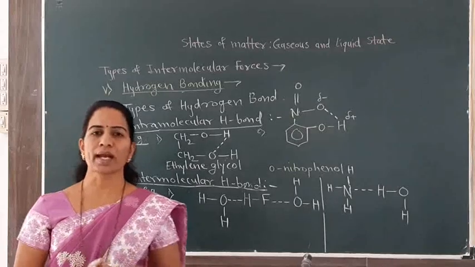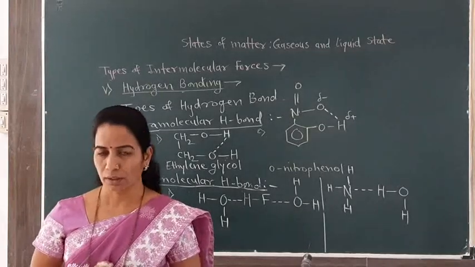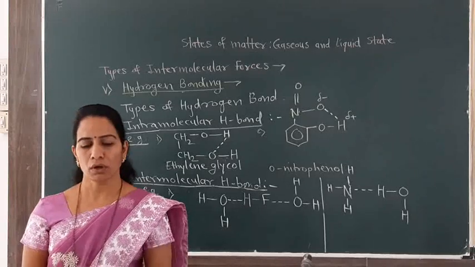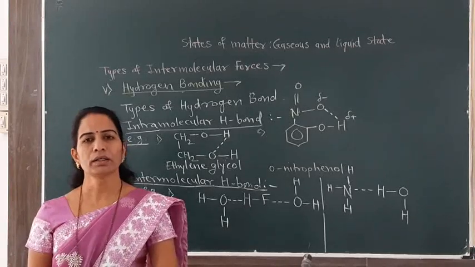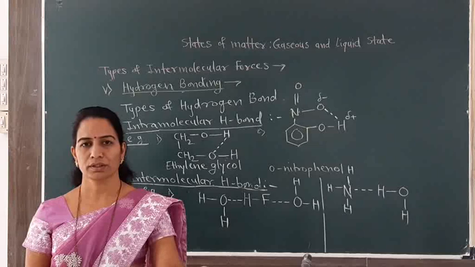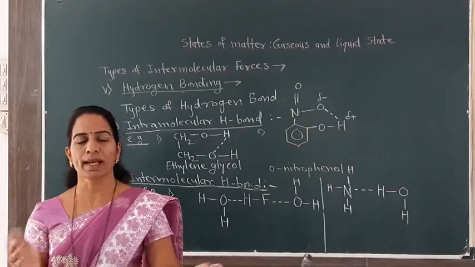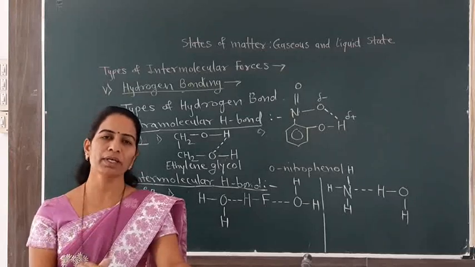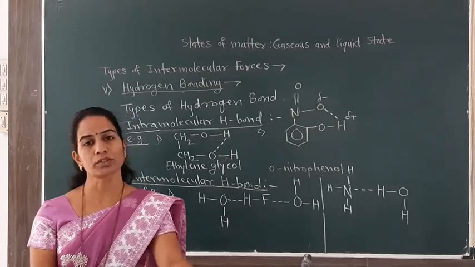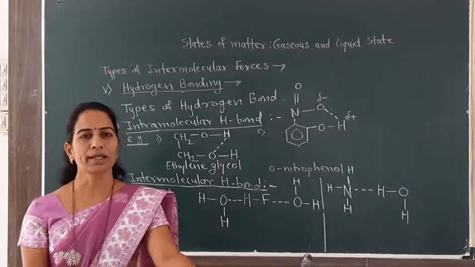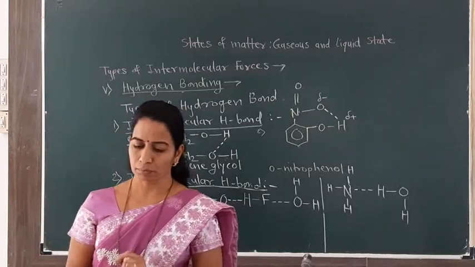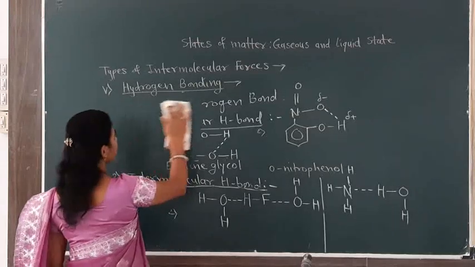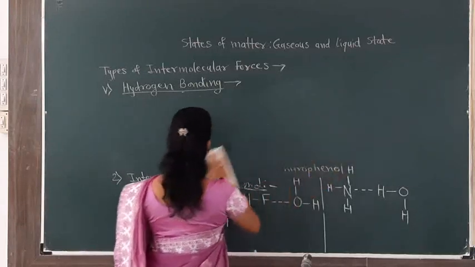So the electrostatic force of attraction between the positively charged hydrogen atom of one molecule and the negatively charged atom, or more electronegative atom, or the atom having lone pair of electrons of another molecule, that is called as hydrogen bond. Now let's see the consequences of hydrogen bonding.